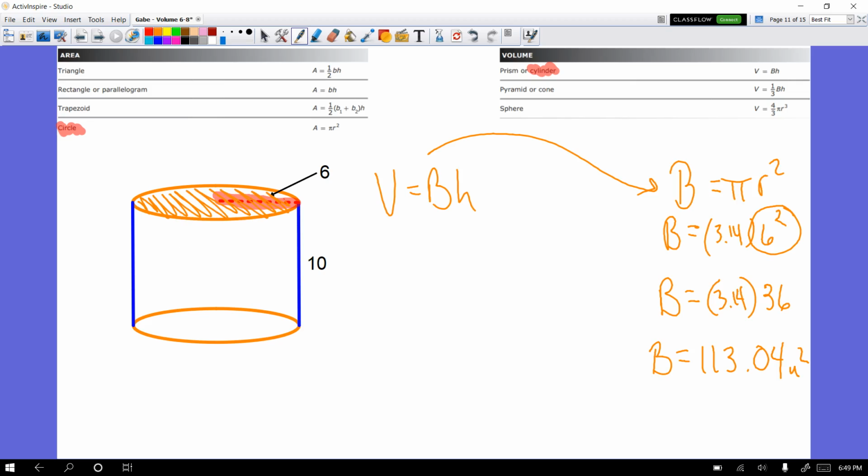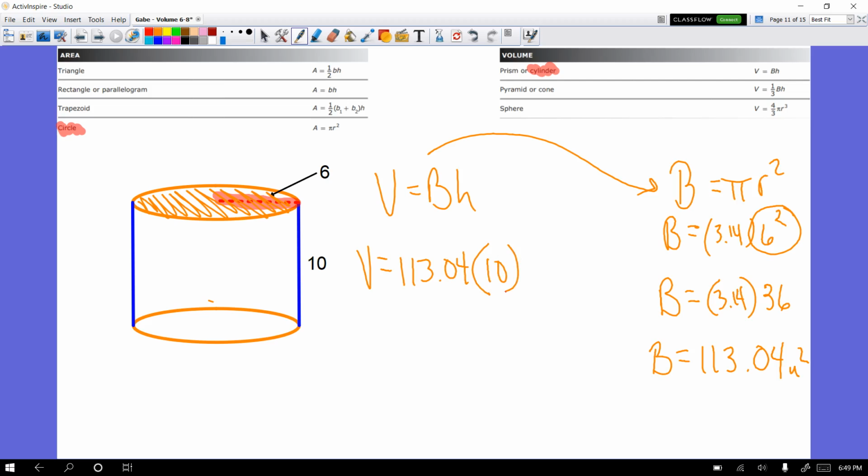Now think of that having 10 times it stacked up. So think of this as being like a penny, and it's 1 unit tall, and we stacked up 10 pennies. V equals 113.04 times the height, the distance from circle to circle, which is 10.